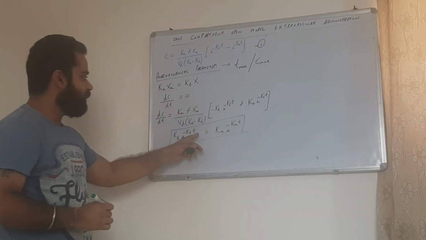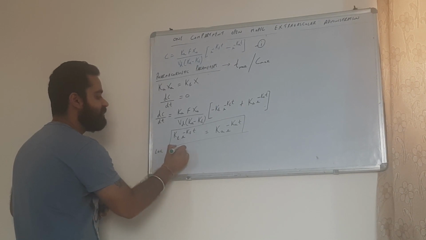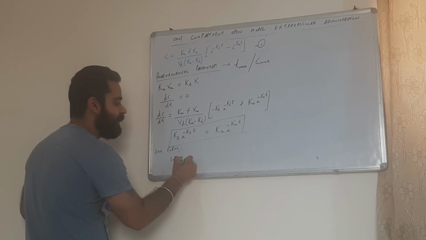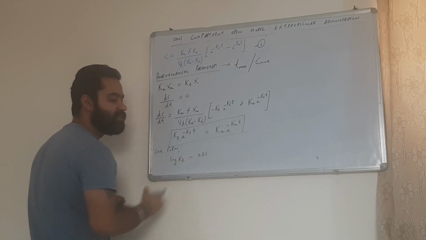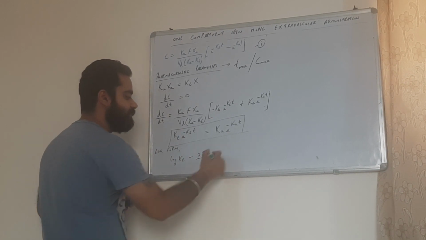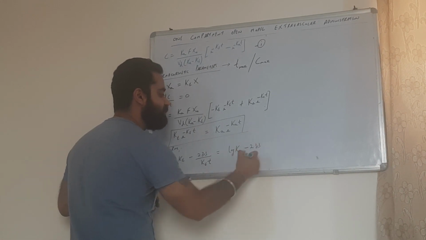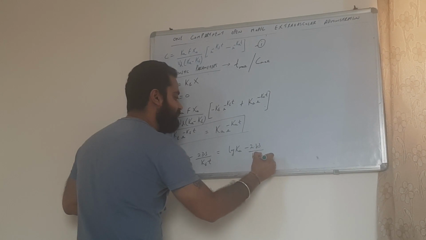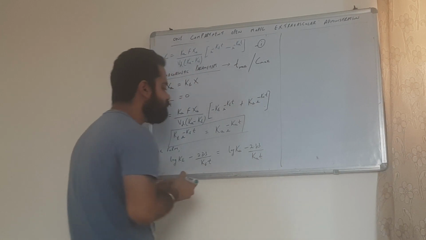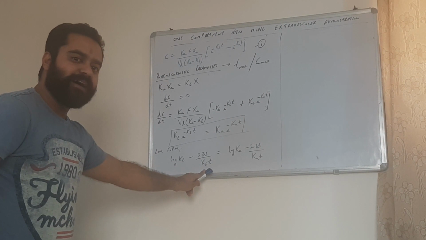Now, on converting this into log form, what do we get? We are going to get log Ke minus Ket divided by 2.303 is equal to log Ka minus Kat divided by 2.303. This is the equation in the log form. Now, what we will do is, we are going to consider this time t as the Tmax.